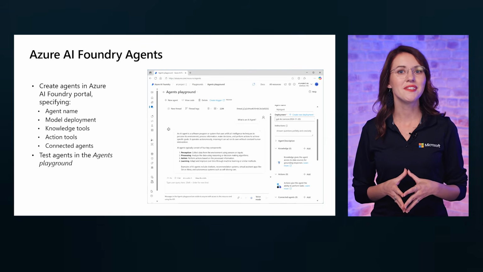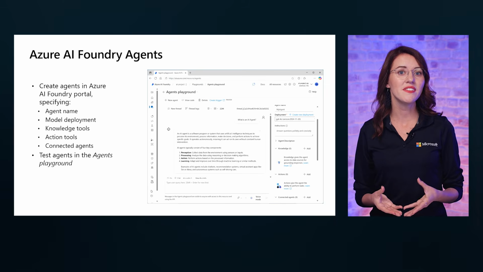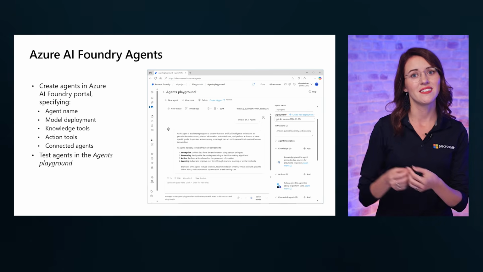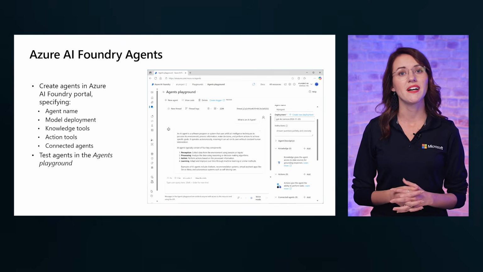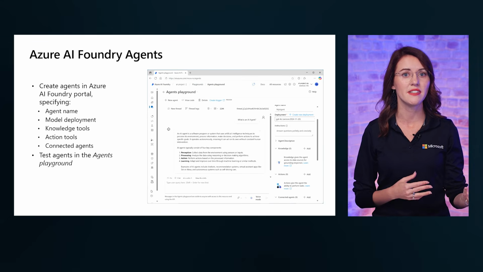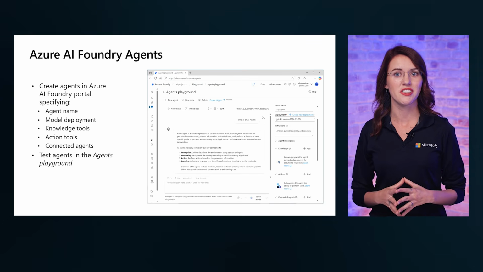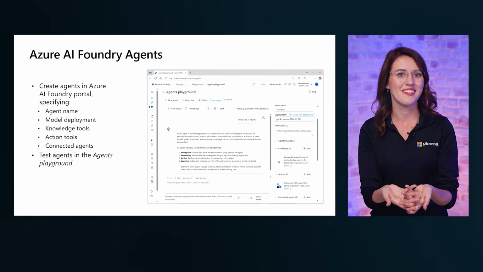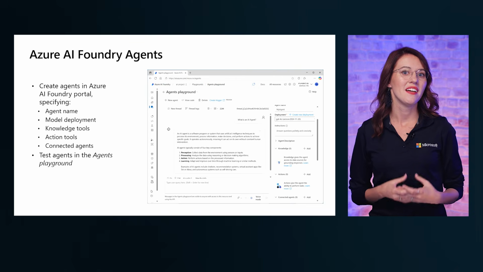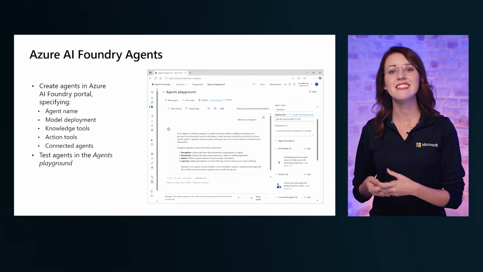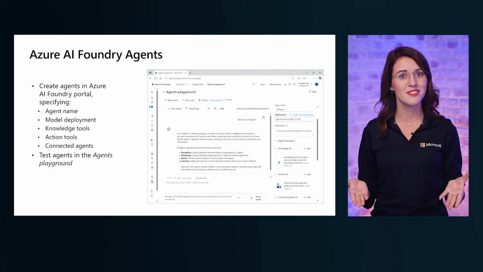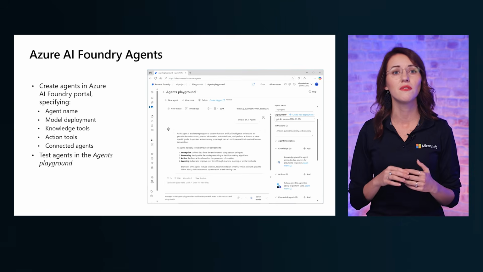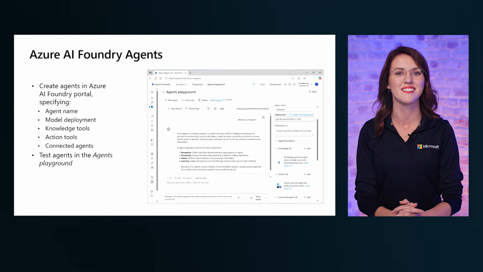These tools include knowledge tools that give the agent access to data sources and action tools that allow it to perform programmatic tasks such as scheduling meetings or processing transactions. You can also connect multiple agents to work together in a coordinated solution, with each agent performing a specific role. This flexibility allows you to build intelligent, task-oriented solutions that go far beyond simple conversational assistants.